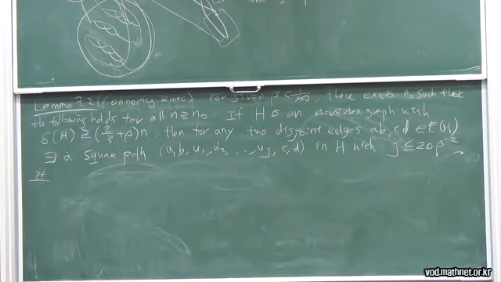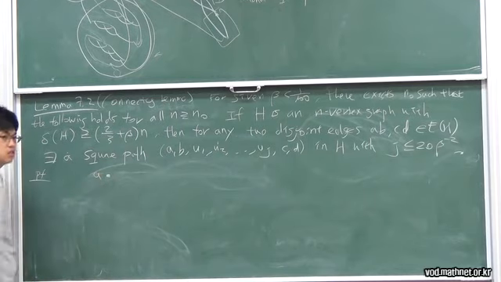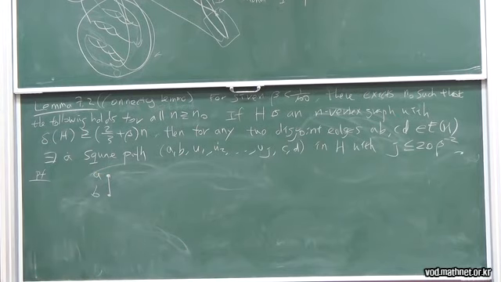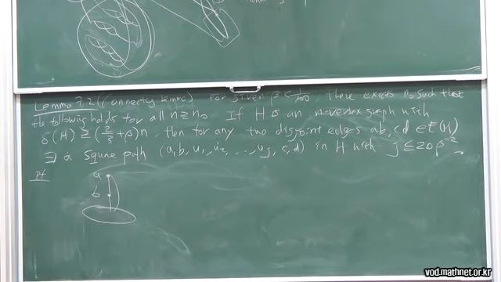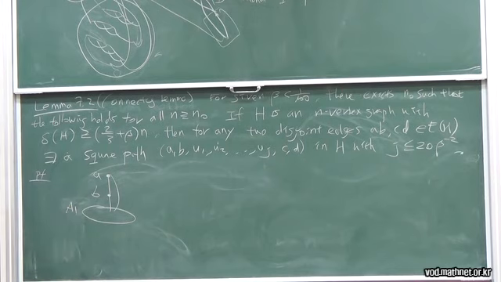So how we will prove it is, we take A and B, and then we take all the common neighbors of these two, the possible next vertices. Say this is A1.